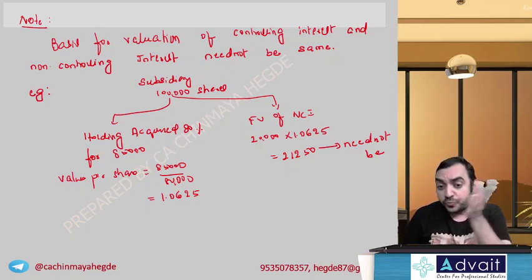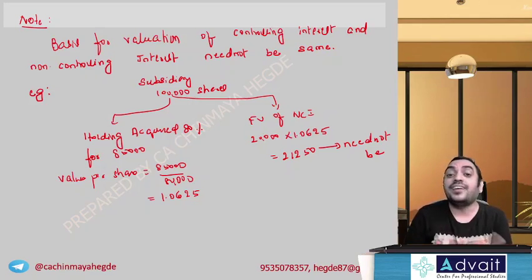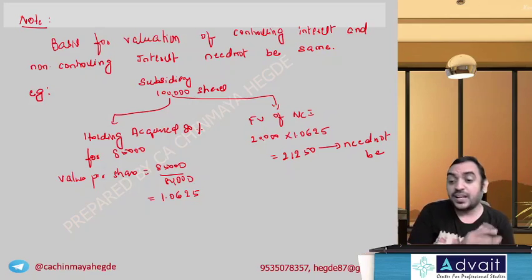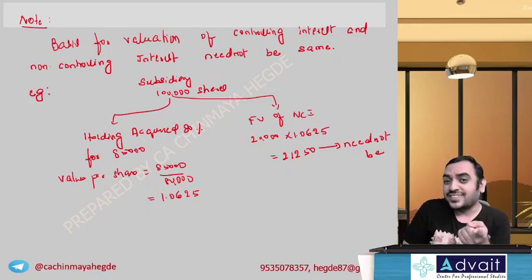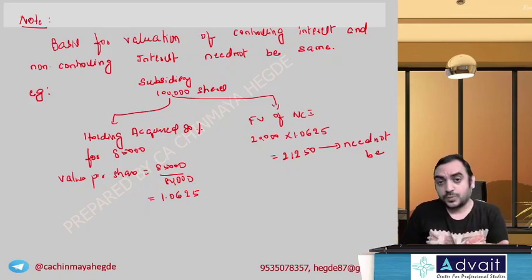So the value of controlling interest will include many elements. Sometimes it may be less also, when the company is doing badly and you get the controlling interest, you say, I will manage your company, but I'll pay you less. So mostly it will be more, but it can be less also.